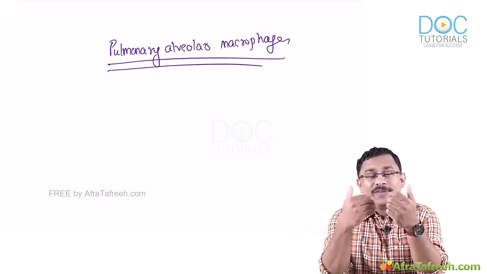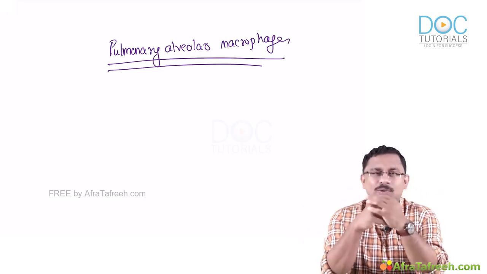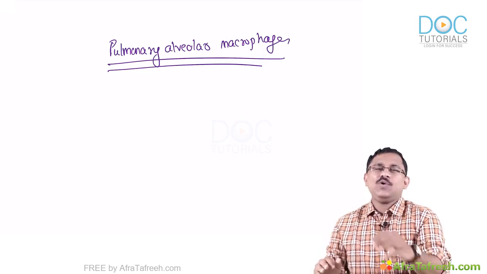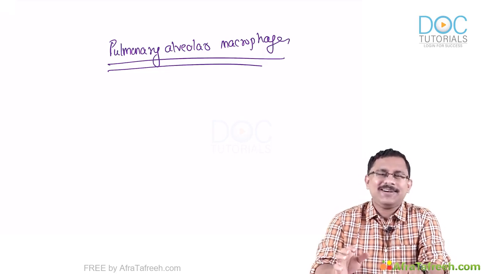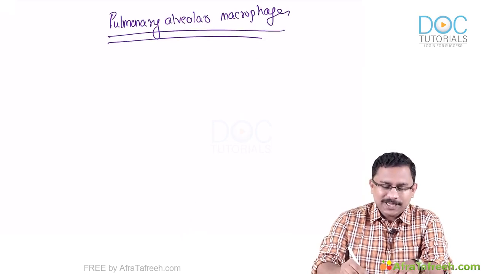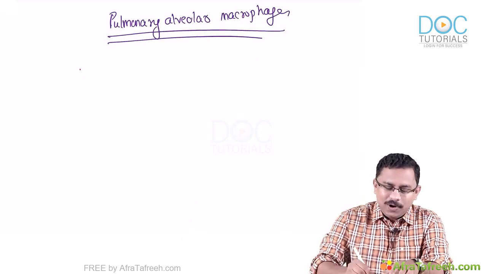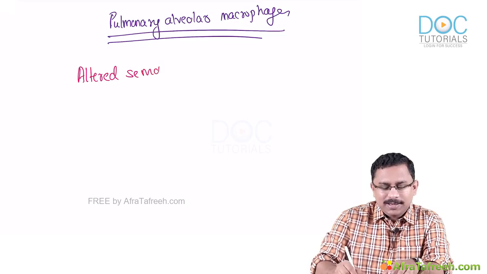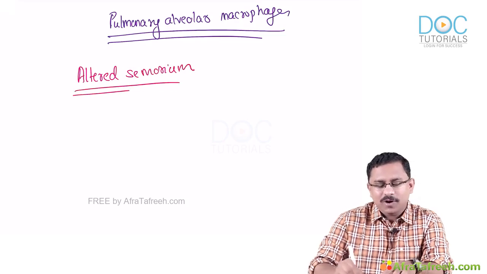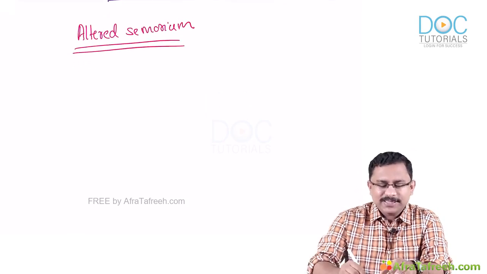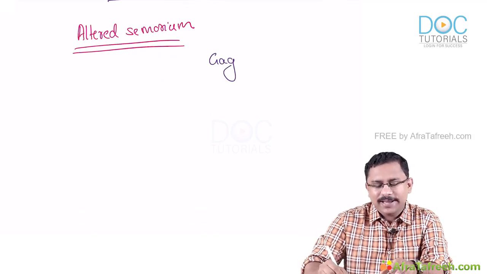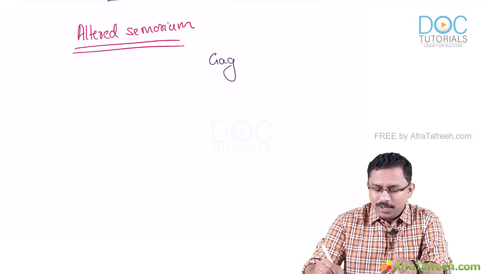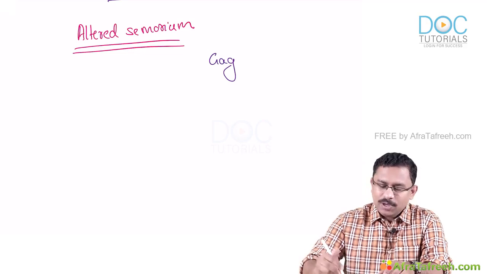But anaerobe infection can occur in certain scenarios, like when, suppose, a patient develops an altered sensorium. Normally I said you have all these protective defenses, you have your normal gag reflex, you have your cough reflex.